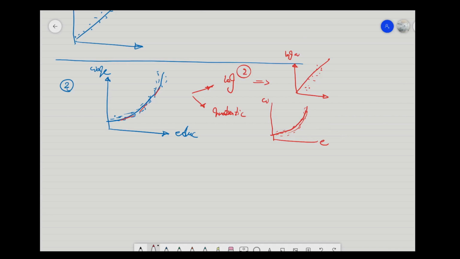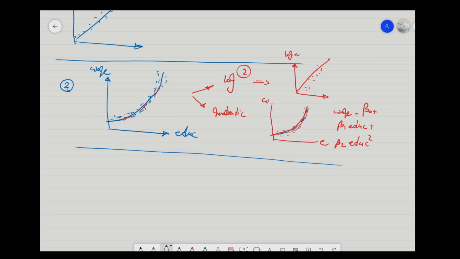So if I say, for example, wage is equal to beta 0 plus beta 1 education plus beta 2 education squared, right? Why did we do that? Because we believe that wage is increasing with education, but at an increasing rate. So for higher levels of education, the wage is going to be higher. So that was the motivation.